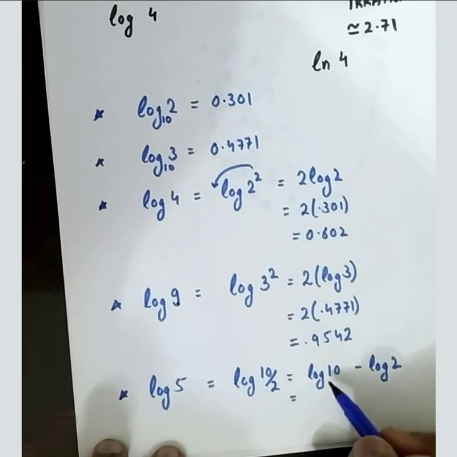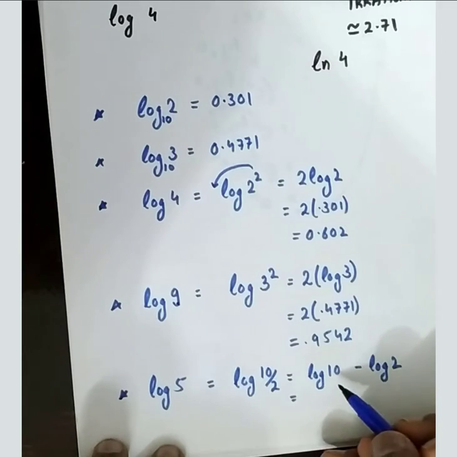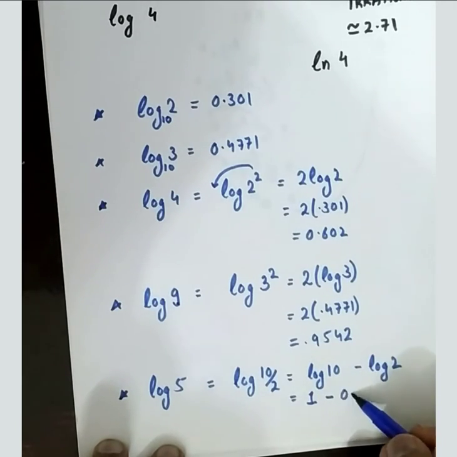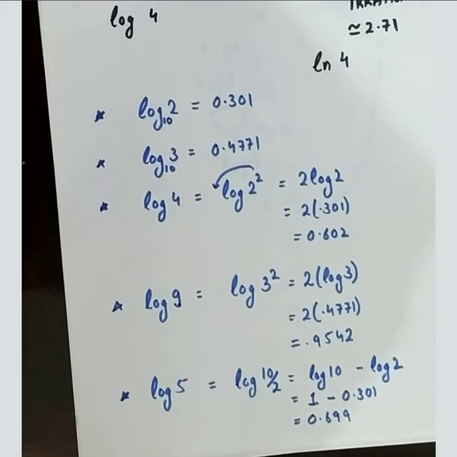Again, I'm down to 2 and 3. Log 10, of course, log 10 base 10, it's going to be 1. Remember, I'm not writing the base, but when I'm writing log 10, it means base 10. So 10 to the power what equals 10? Of course 1. Minus log 2, you know, is 0.301. And ultimately it turns out to be 0.699. So you can calculate all these values like this.